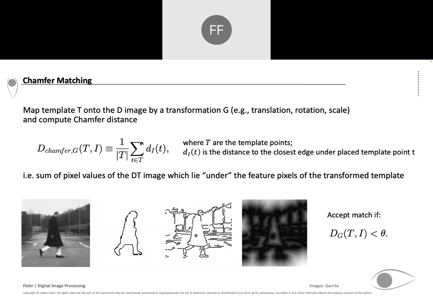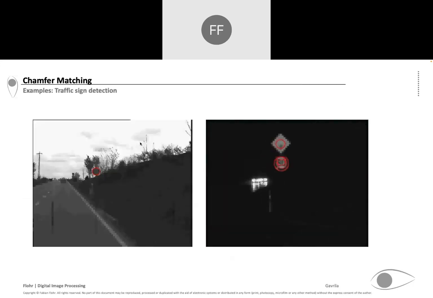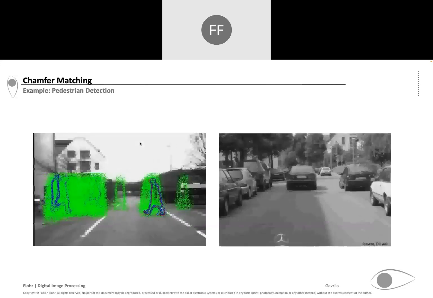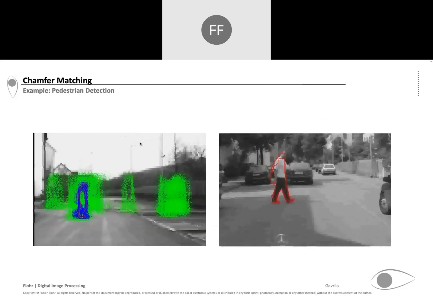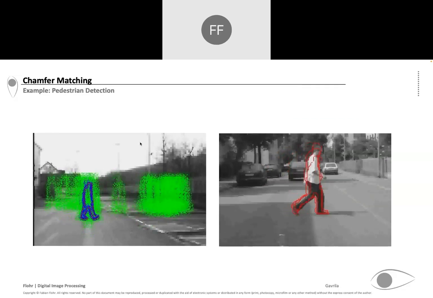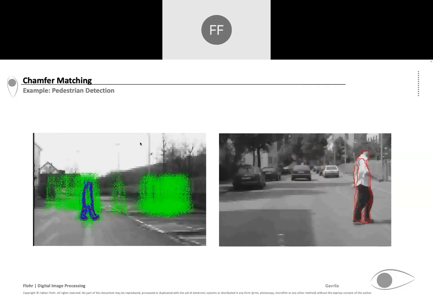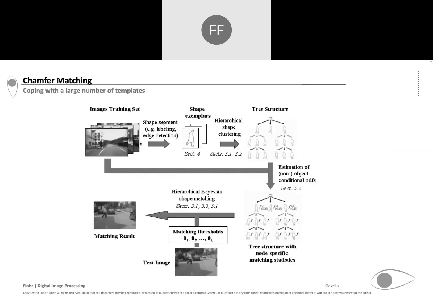And you're calculating the correlation of this binary shape within this distance transformed image, and you're taking then the smallest chamfer distance, the smallest correlation match here, and accept everything which is below a threshold, which are then pedestrians. Right. I also have that for pedestrians. So this is the result here. For a single pedestrian and for multiple pedestrians, you see here the matched templates.